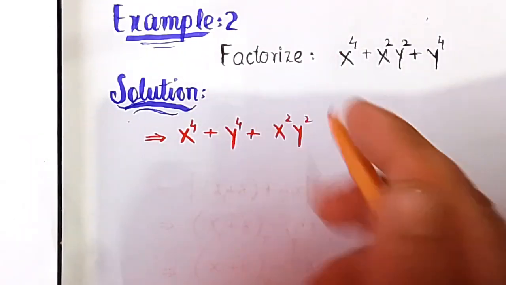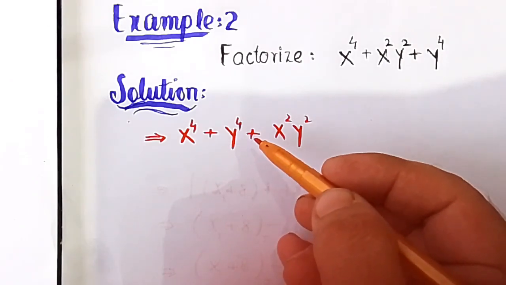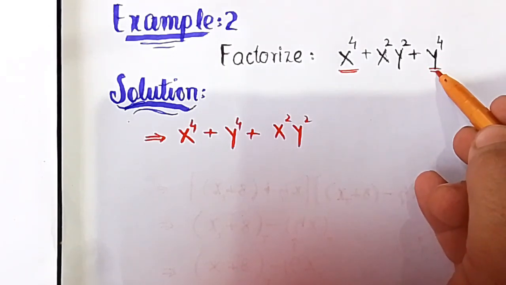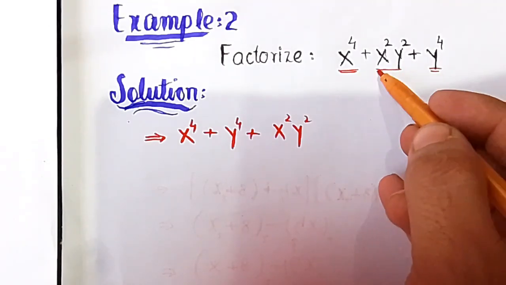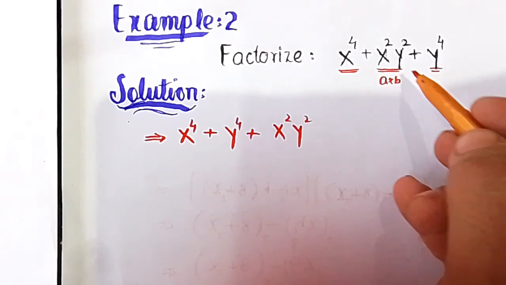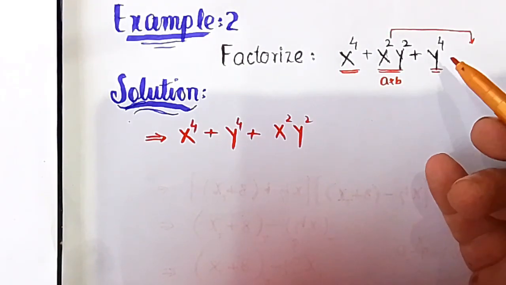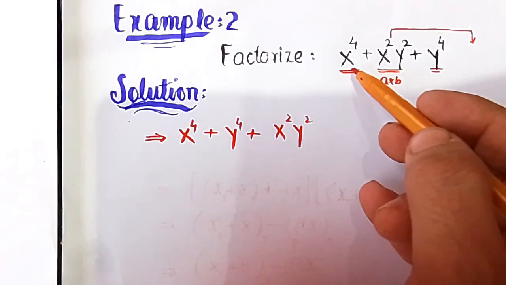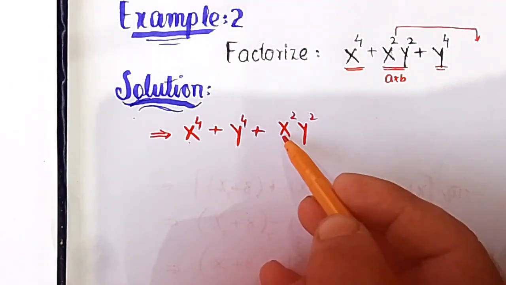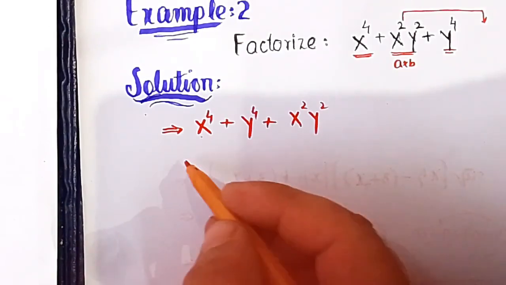I arrange these three terms like that because x power 4 and y power 4 are pure terms, and this term is a mixture. It is like a multiply b. So I write this term in the last. So after arranging these terms, next step.